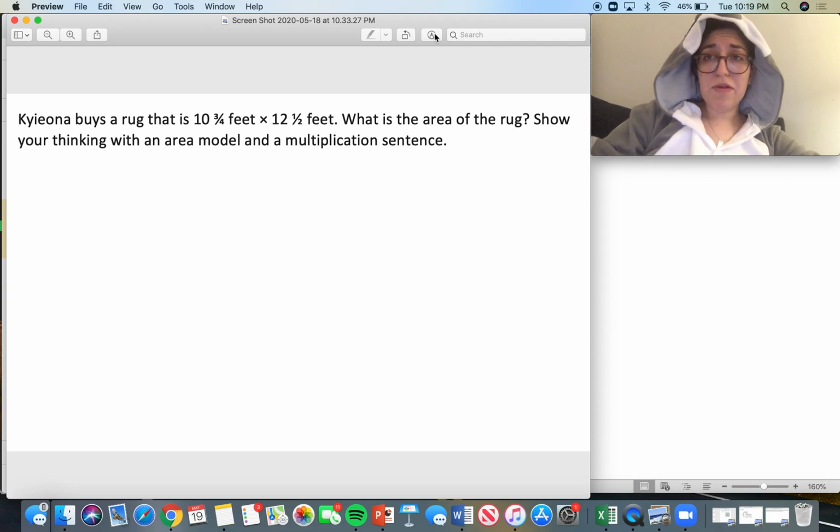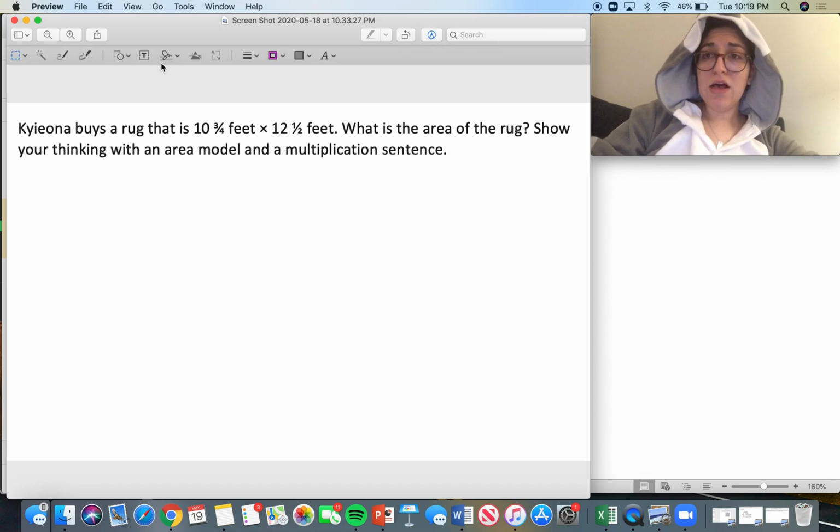So this is our application problem for Tuesday, May 19th. The problem reads, Kiana buys a rug that is 10 3/4 feet by 12 1/2 feet. What is the area of the rug? So you're thinking with an area model and a multiplication sentence. What's the question we're answering? We were trying to figure out what the area of the rug is, right?